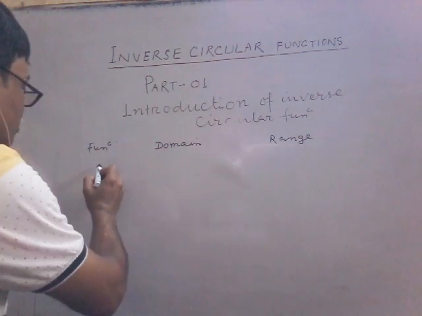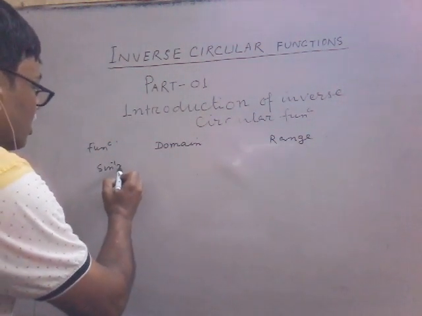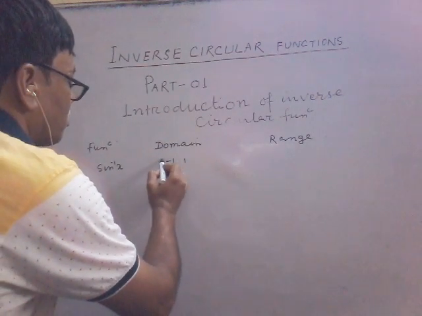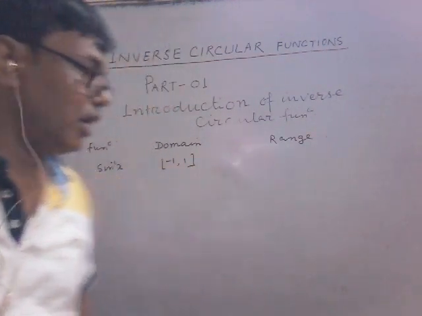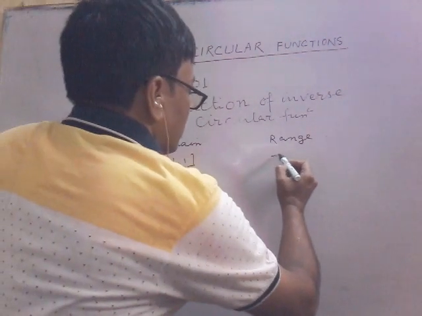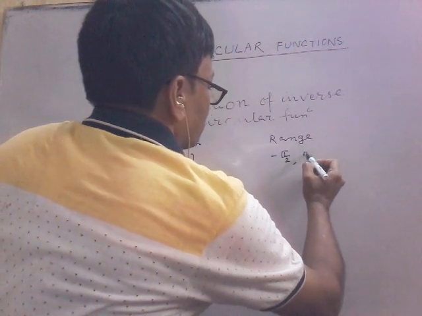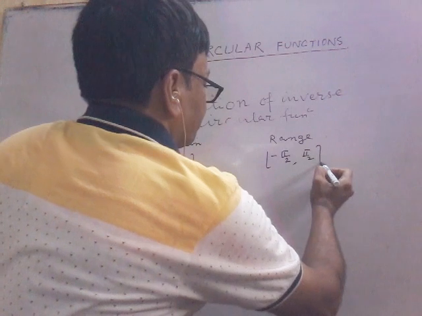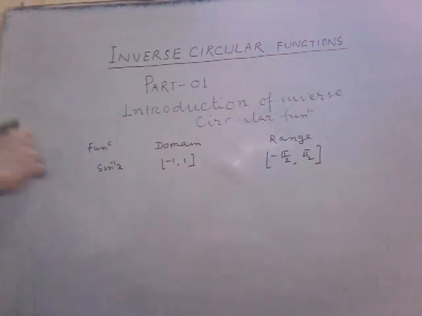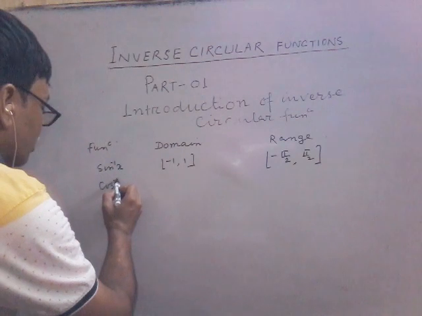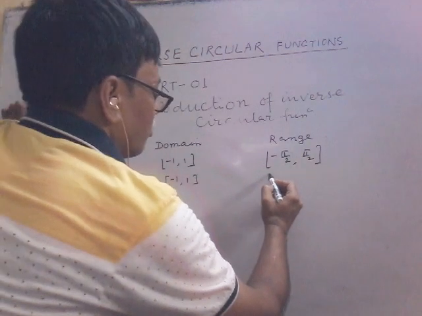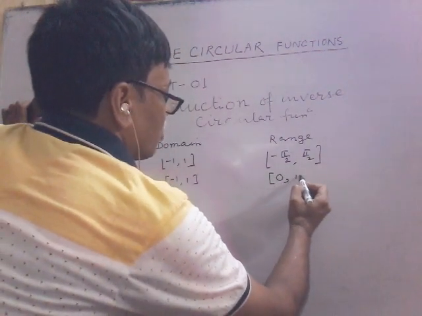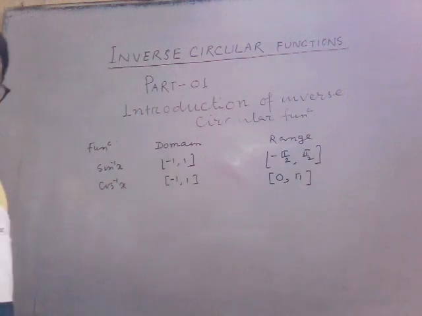So what is domain of sine inverse x? -1 to +1. And what is the range? Range is -pi by 2 to +pi by 2. Cos inverse x has the same domain, and range is 0 to pi. How it is obtained, you will learn later.